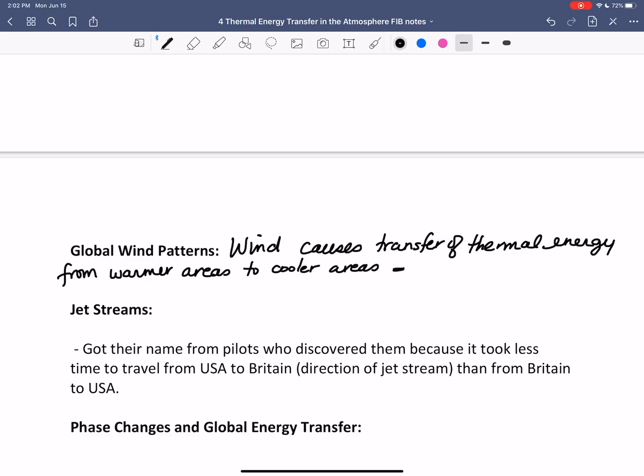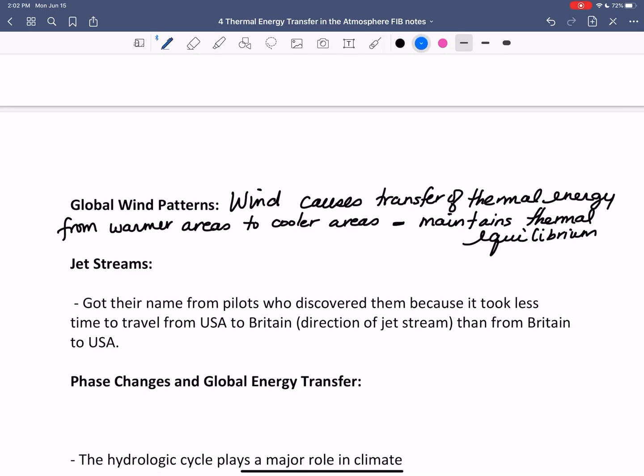And so this maintains sort of a thermal equilibrium on the planet. If you remember last time we said something about energy deficit versus energy surplus, right?